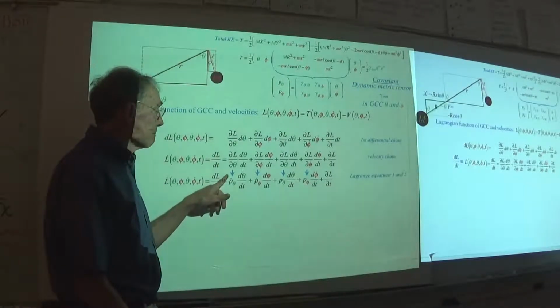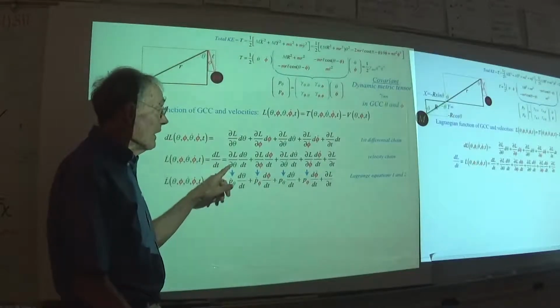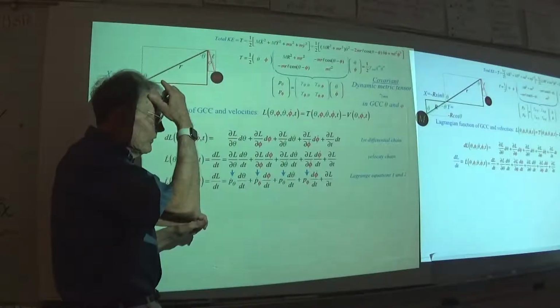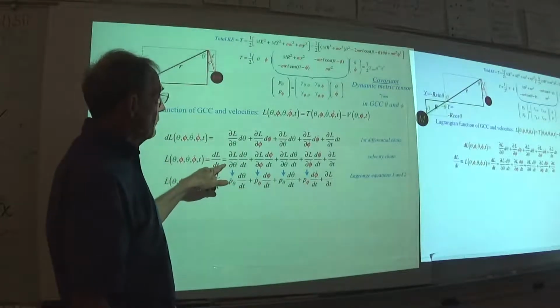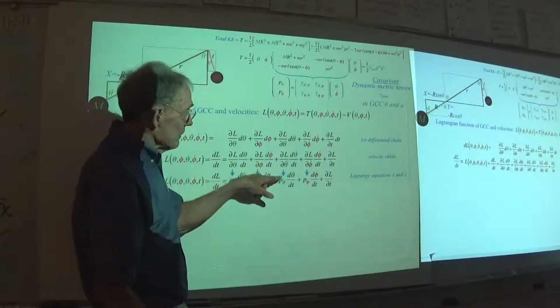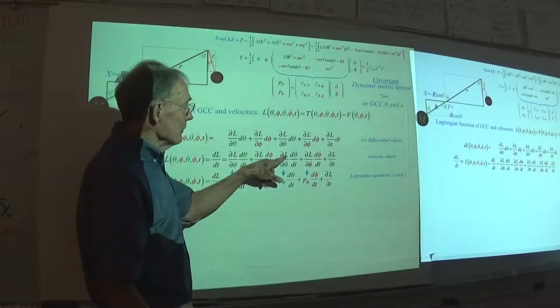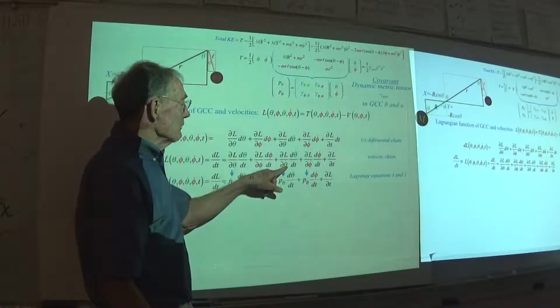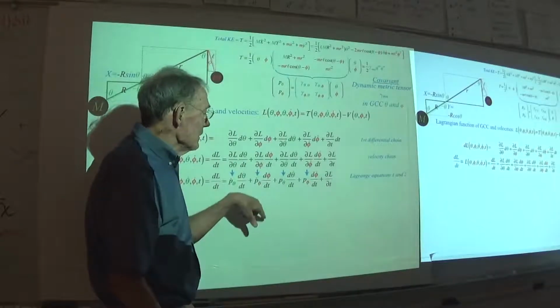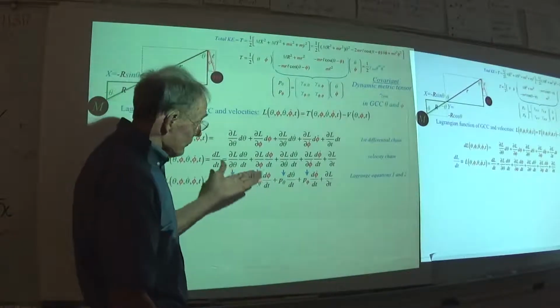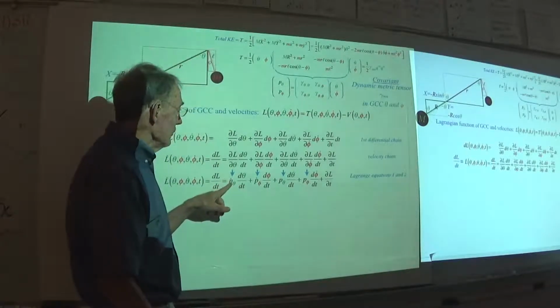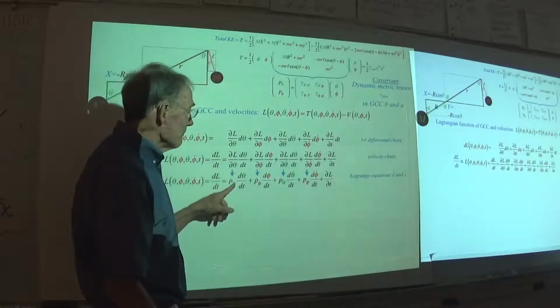And the thing that we have so far are Lagrange equations 1 and 2. The partial derivative, this is actually 1 right here, the partial derivative of L with respect to the velocity is a definition of canonical momentum.